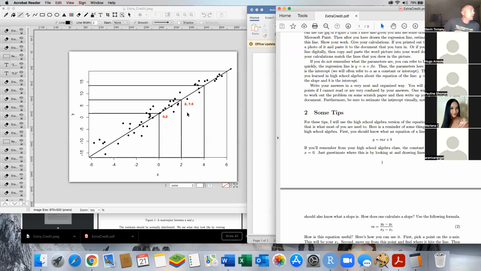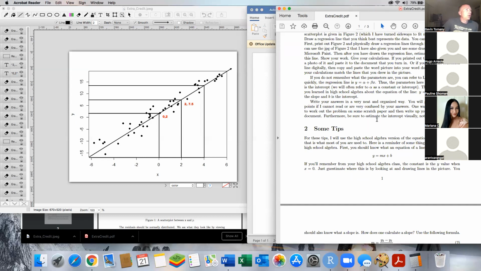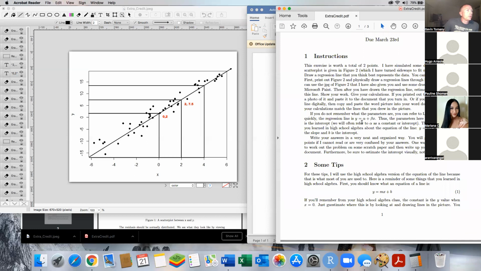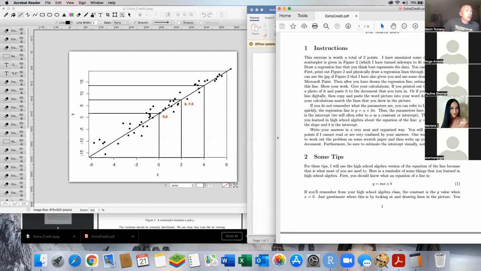So this was just saying that the things we're looking for are the parameters.